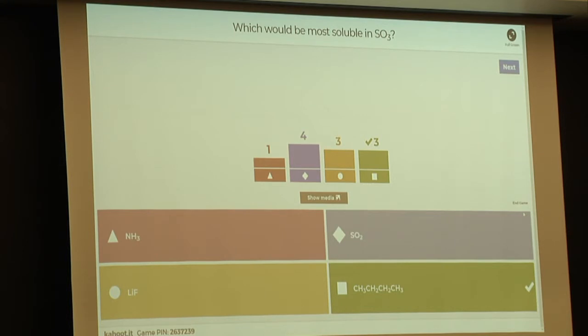All right, so SO3 is trigonal planar. If you were to draw it out, it's trigonal planar, and then they will all cancel out, making it nonpolar, right? If you're nonpolar, you only have LDF. So you should be looking for the one that would be nonpolar and only have LDF. All right, we're good.